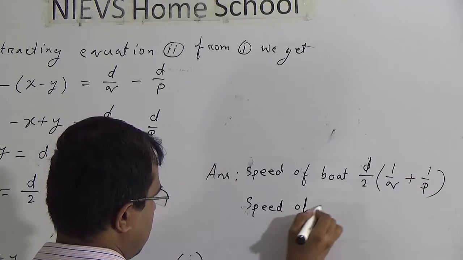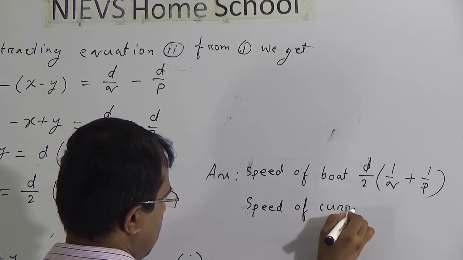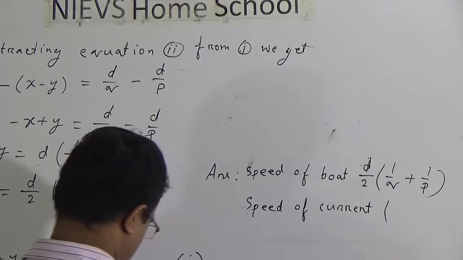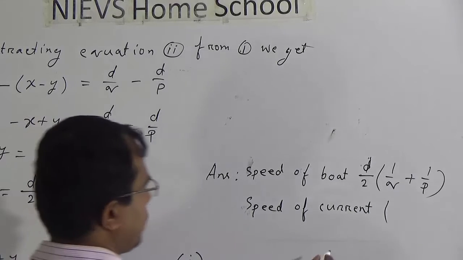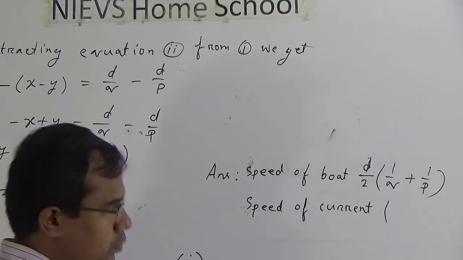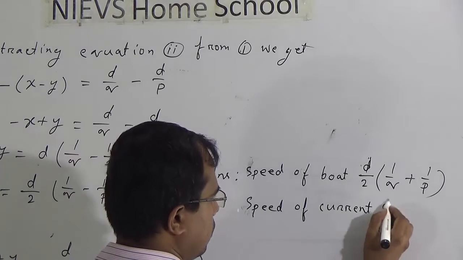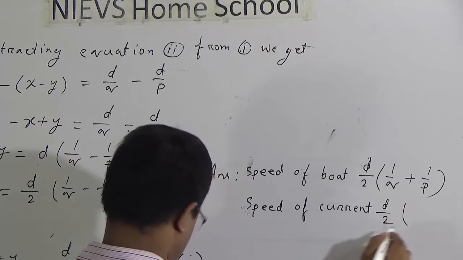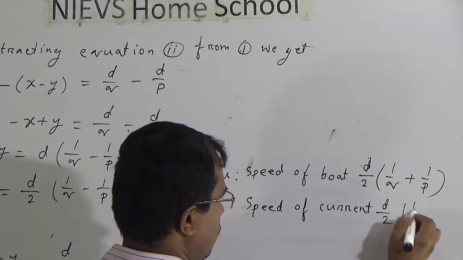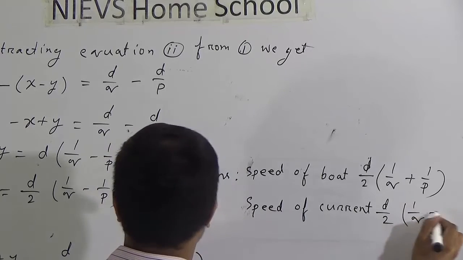Speed of current, d by 2 into 1 by q minus 1 by p.